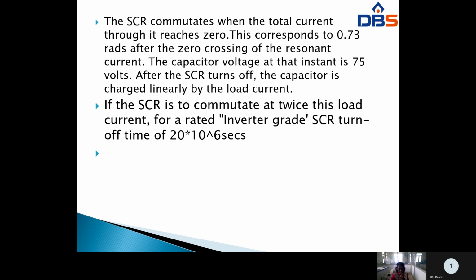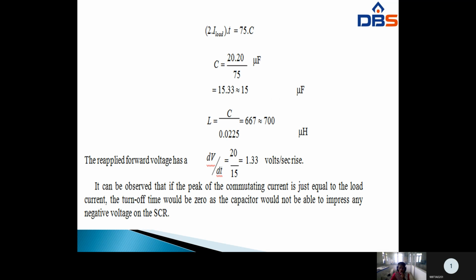If the SCR is to commutate at twice the load current for a rated turn off time of 20 microseconds, then 2 into I load into T equals 75 C. So that implies C equals 20 by 75 microfarad.